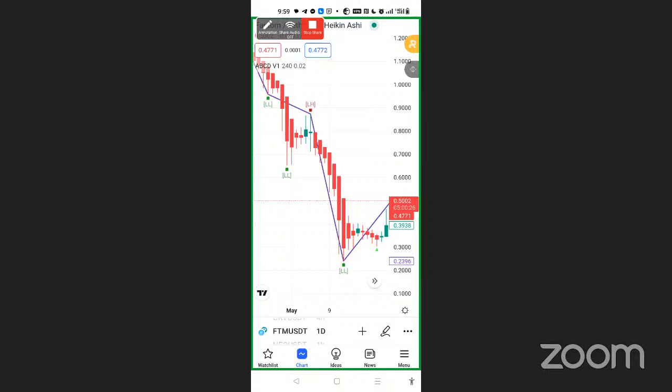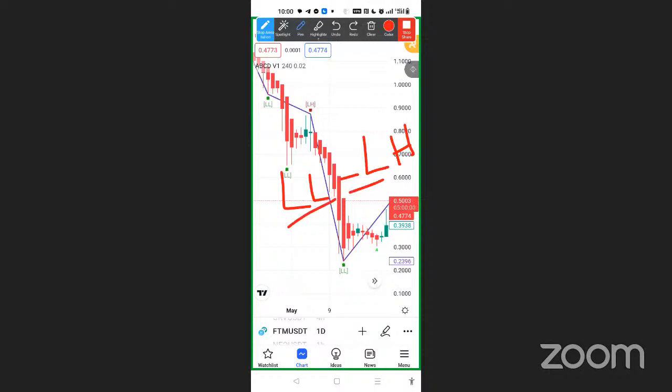The downward trend is made up of lower low and lower high.